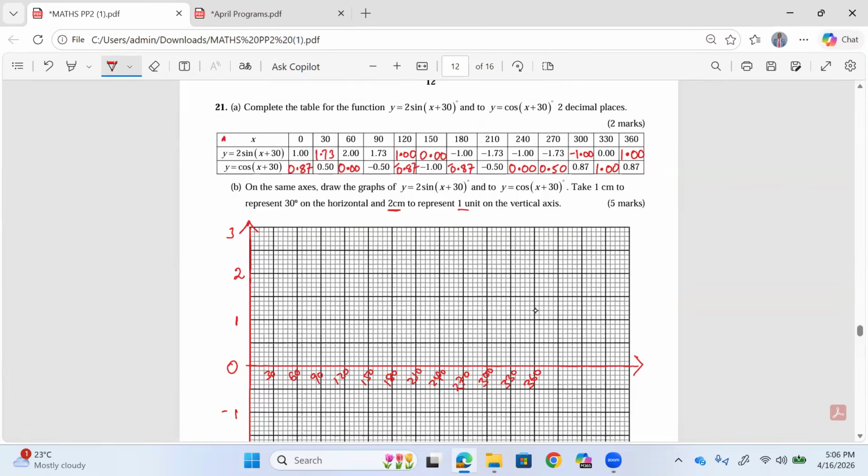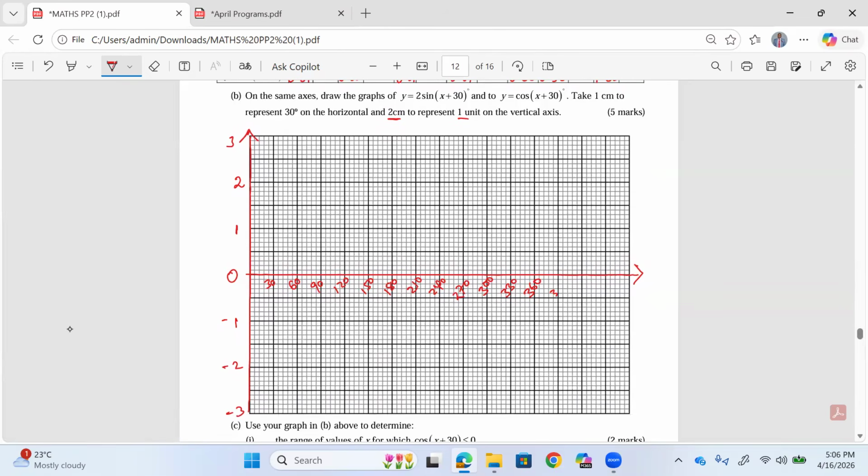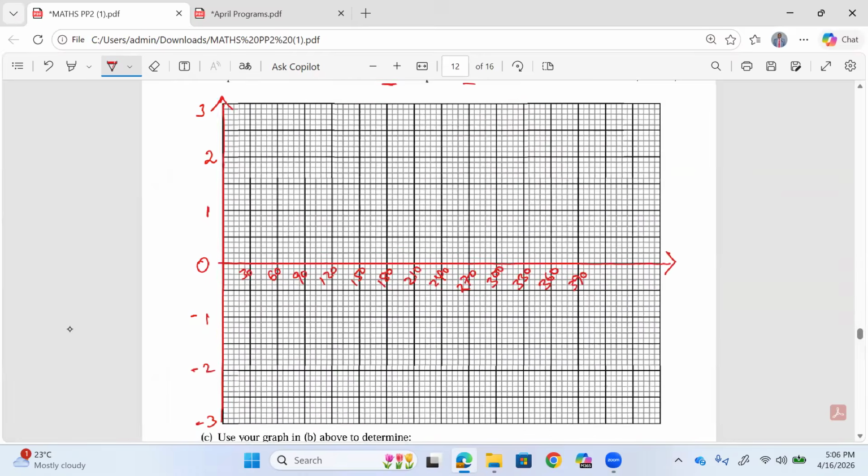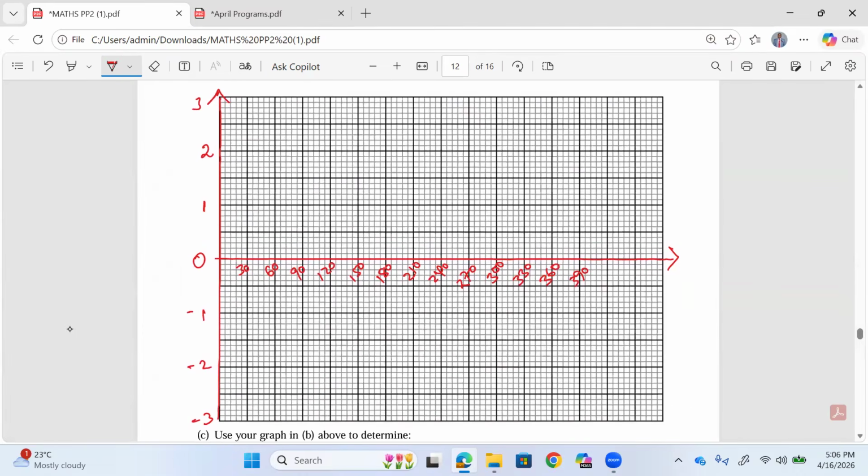Yes, we can go to 390. That's enough. So we have interpreted the scale and written the coordinates very well.